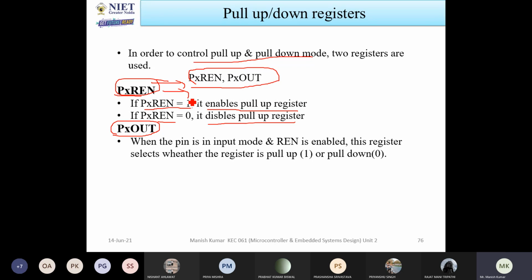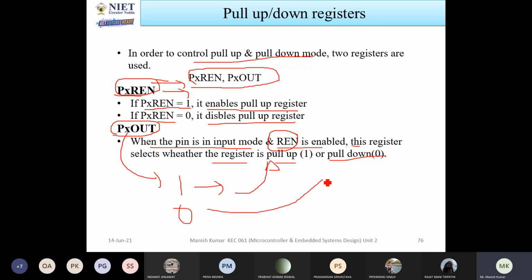In any microcontroller, this works the same way. If it is enabled, it means 1. If it is disabled, it means 0. Whenever the pin is in input mode and REN is enabled, this register selects whether the resistor is pull-up or pull-down. So whenever REN is enabled, the PXOUT pin indicates whether you are going to use pull-up or pull-down. If PXOUT equals 1, you are going to use pull-up resistors.